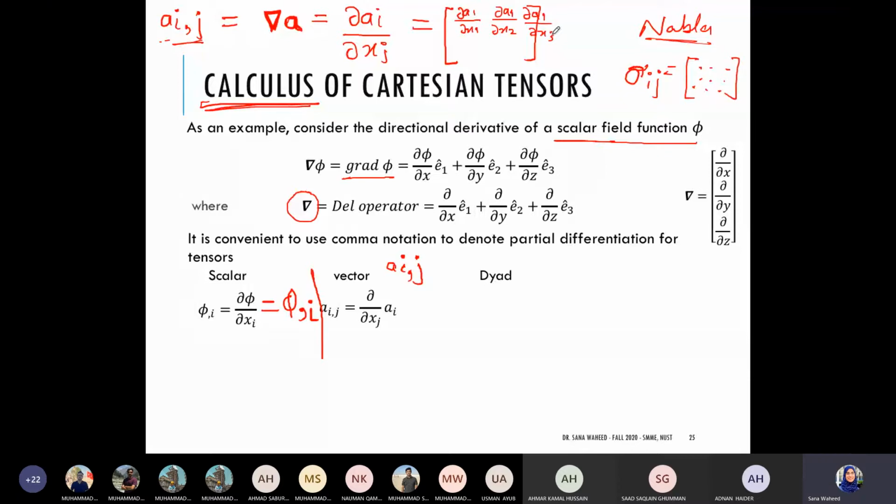फिर क्या होगा अगली रो में, del a2, del x1, del a2, del x2, del a2, del x3, and finally, similarly for del A3. Right? What does this mean?